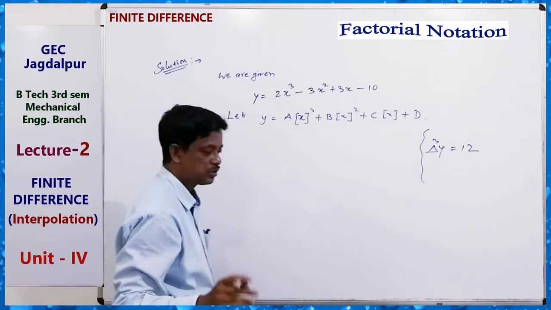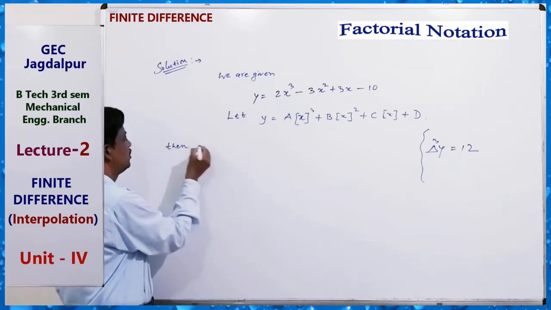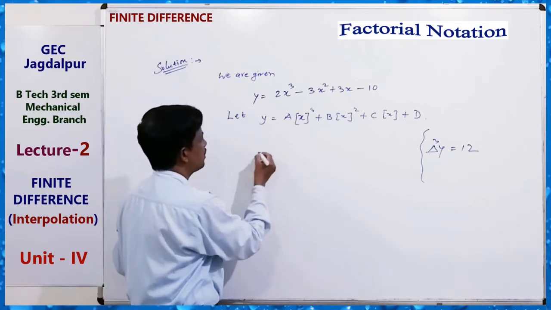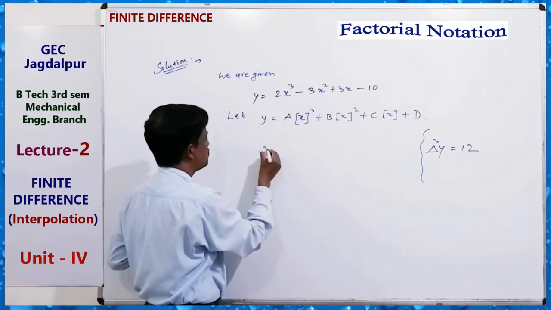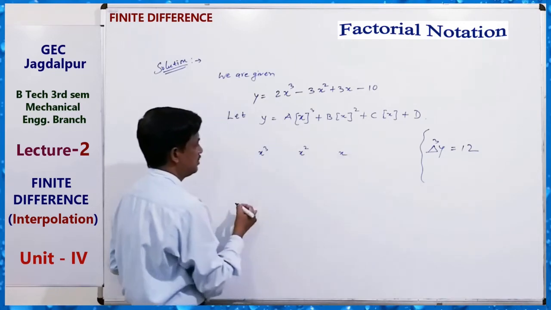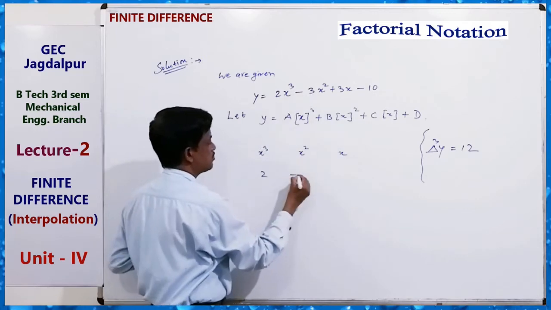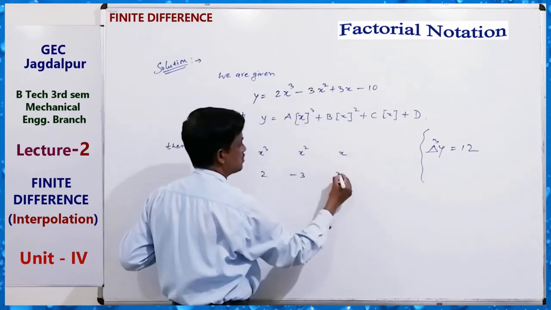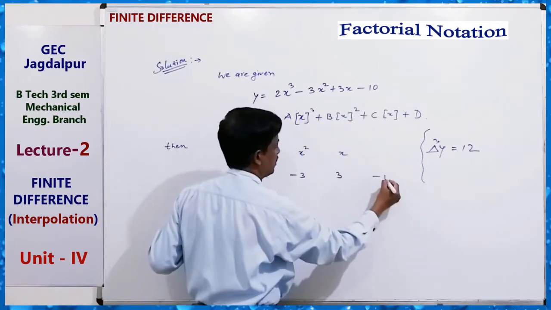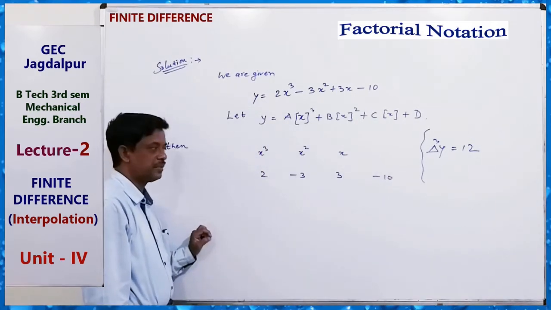Now, the coefficients of x cube, x square, x, and the constant term: the coefficient of x cube is 2, x square is minus 3, x is 3, and d is minus 10. These are the coefficients and the constant term.